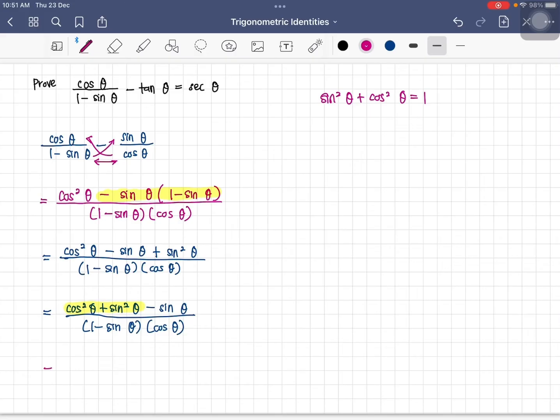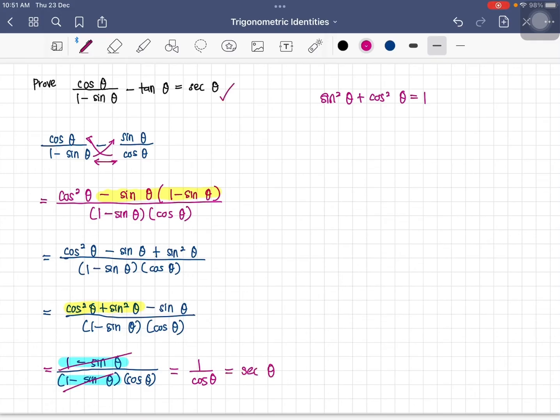So now I have 1 minus sine theta, this whole thing over 1 minus sine theta cos theta. If you can see this clearly, 1 minus sine theta and 1 minus sine theta can be cancelled out, because they are the same term. So we can cancel this. This one will become 1 over cos of theta. So 1 over cos of theta is actually secant of theta.